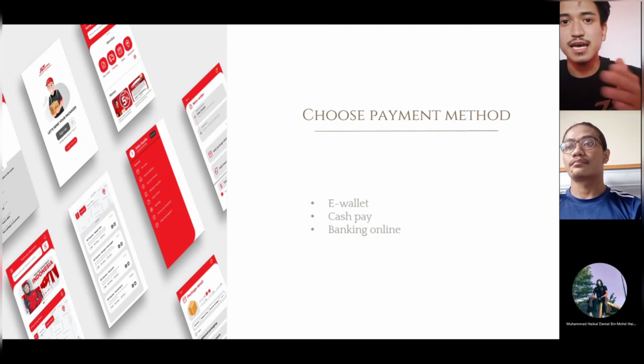So in the app, when the consumer clicks the e-wallet button, the link will go through to the e-wallet app. And then cash pay is for the consumer who chooses to pay cash when the goods reach their home.